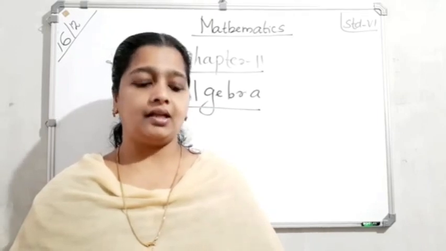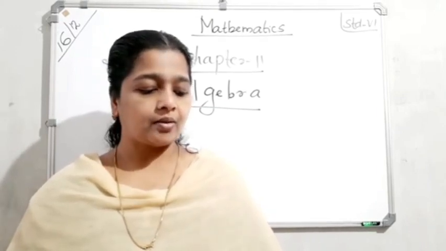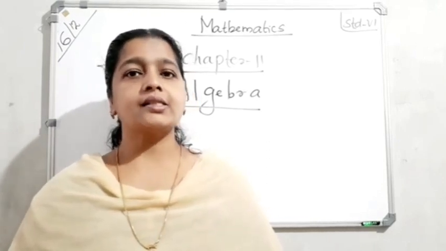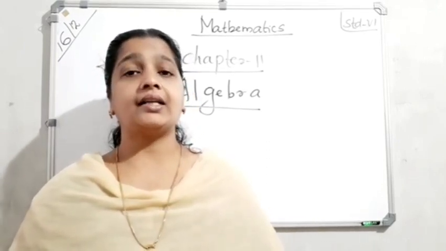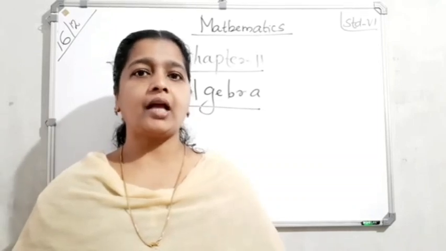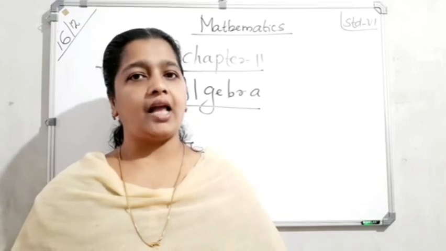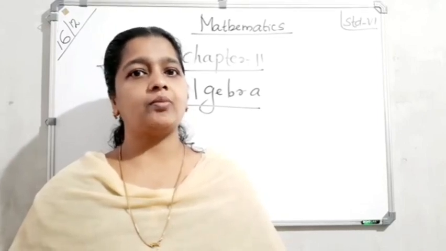Then the branch of mathematics in which we studied numbers is known as arithmetic. What is arithmetic? This branch contains numbers and calculation. All of you understand that branch?